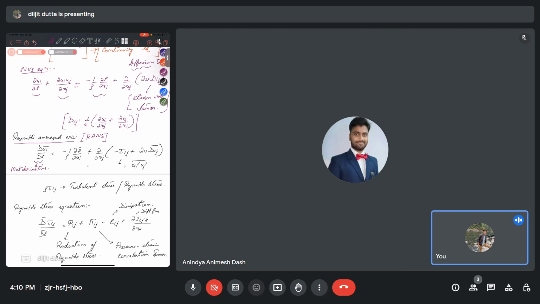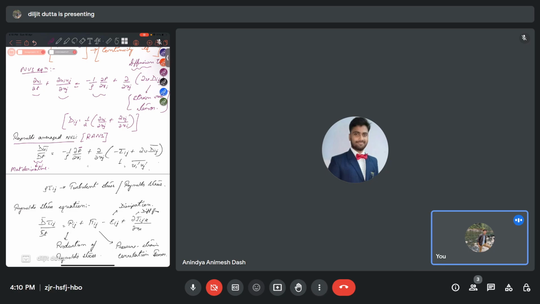Then we have minus 1 by rho del p bar by del xi, where del p bar by del xi is the pressure gradient, and this pressure gradient is only related to the average pressure, the mean pressure, and it is not related to the fluctuation pressure. And the final term, we will have del by del xj of minus tau ij plus 2 mu dij bar.